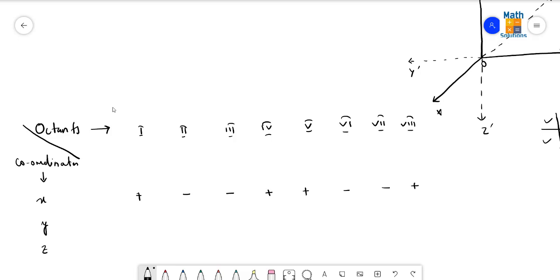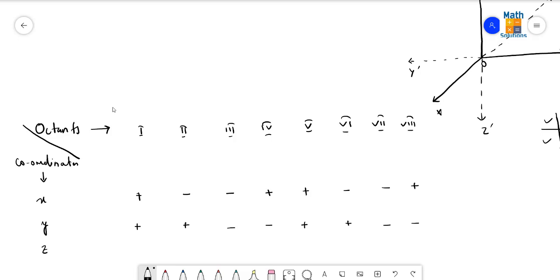Similarly, for y, in the first octant, y is positive. In the second one also positive. In the third one negative. Fourth one negative, as we get in case of quadrants. And there will be repetition like this: plus, plus, minus, minus.